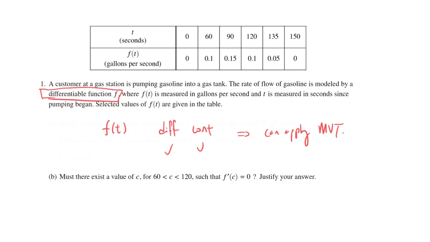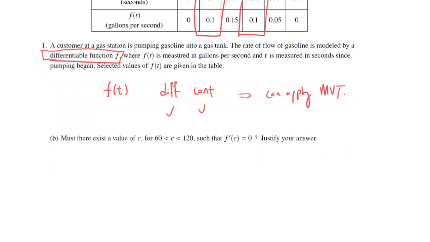So c equals 60 is here, c equals 120 is here. The MVT, so we first say f is differentiable and continuous over [60, 120], let's say.